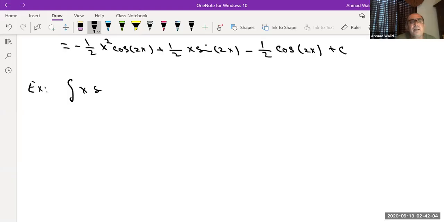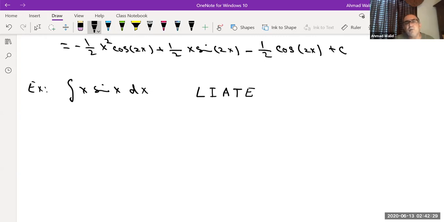Integral of x sine x dx. Again, your word, L, I, A, T, E. I have x and sine x, algebra and trigonometry.